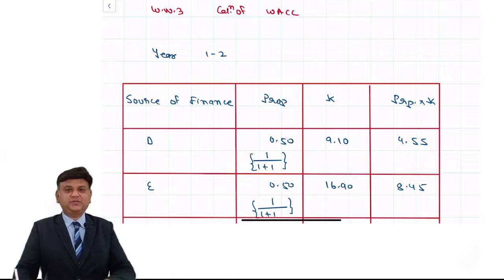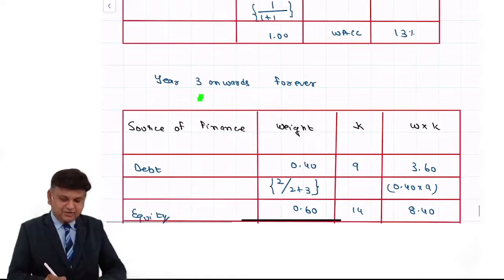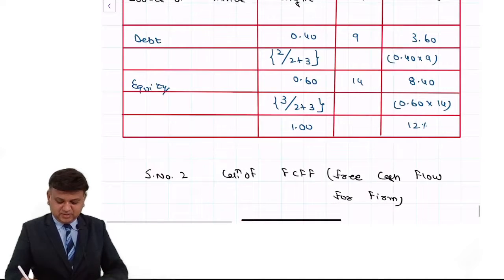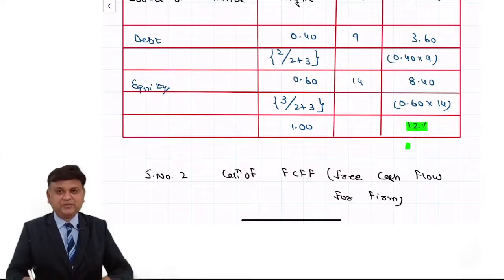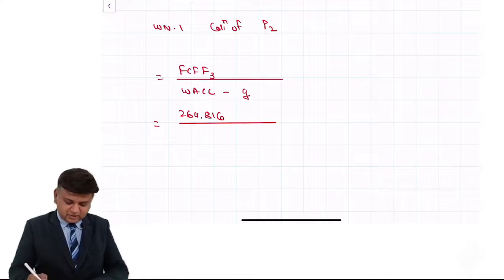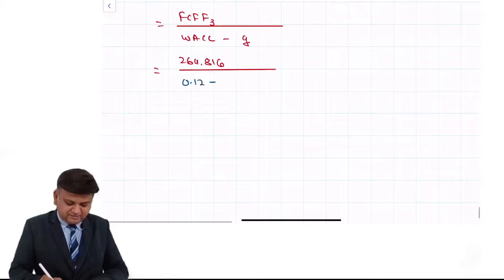Now friends, for the purpose of weighted average cost of capital, we have two rates: for the first and second year, and for the third year onwards. For the first and second year it is 13% and for the third year it is 12%. So we'll use the 12% rate for the purpose of calculation of P2. So we will have over here rate as 12% minus growth rate 0.09.